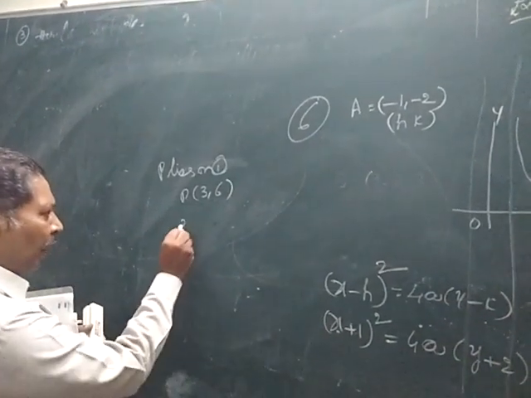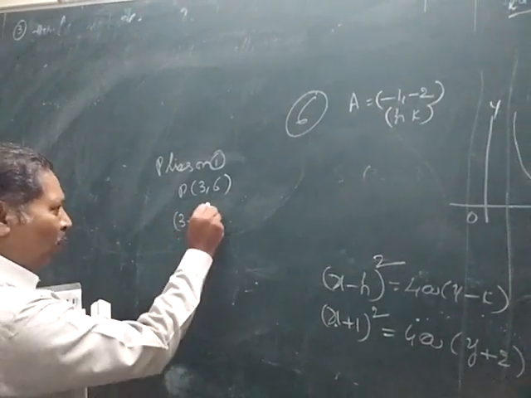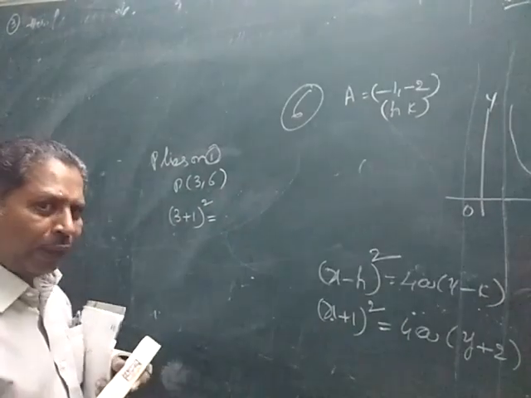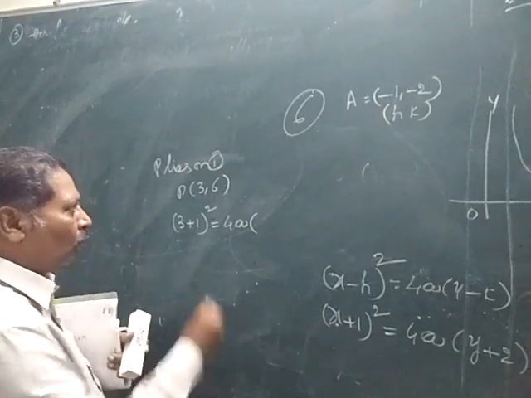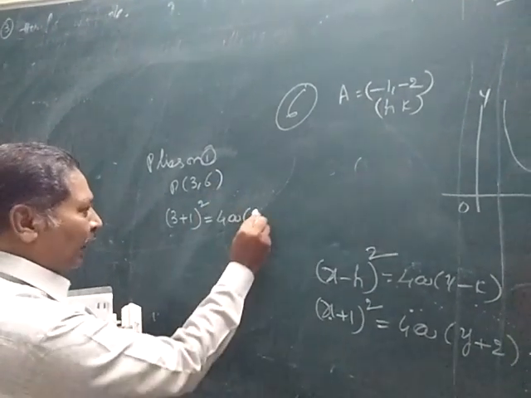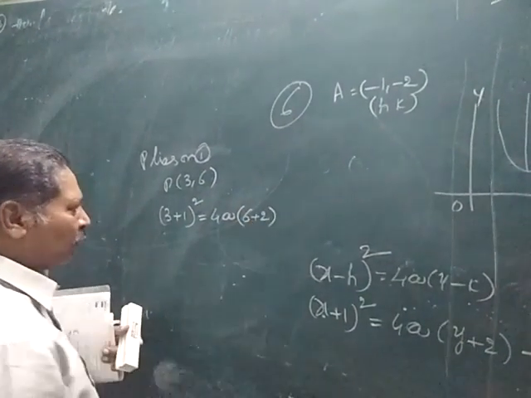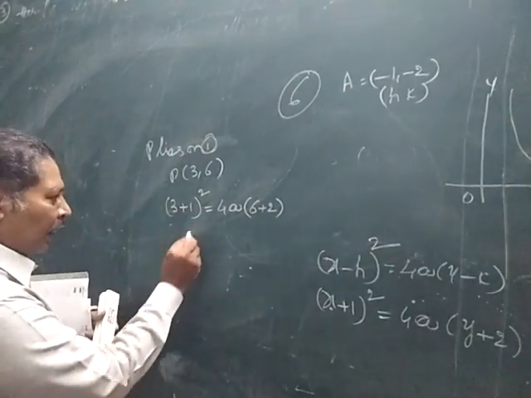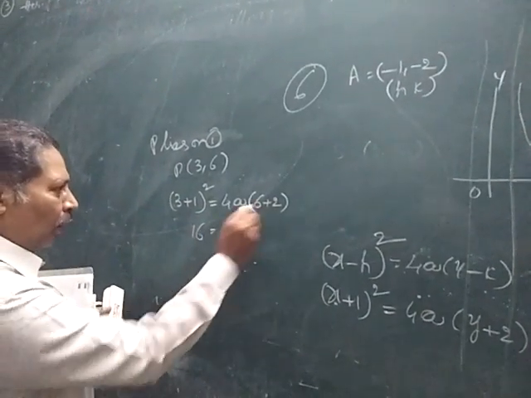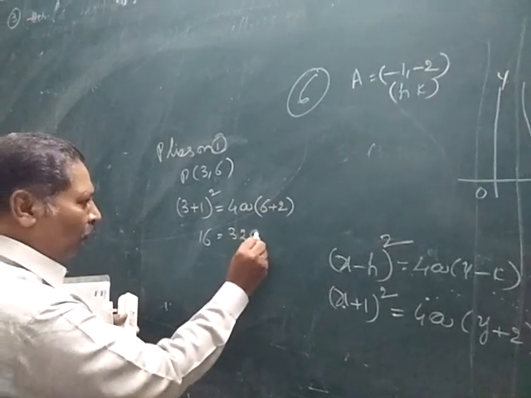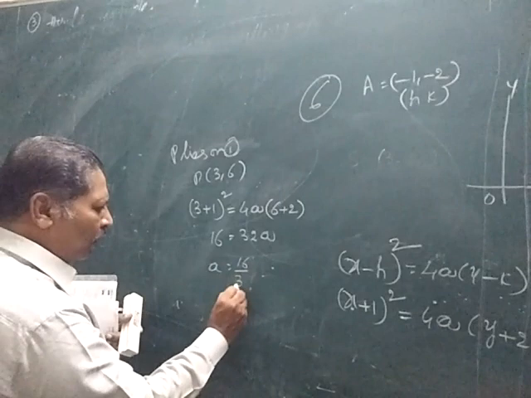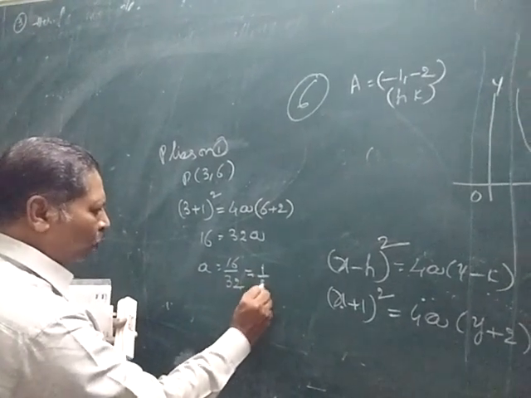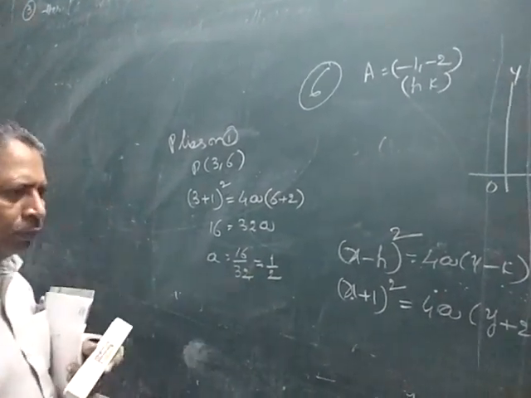So (3 plus 1) whole square equals 4a into (6 plus 2). 16 equals 32a. So the a value is 16 by 32, 1 by 2.